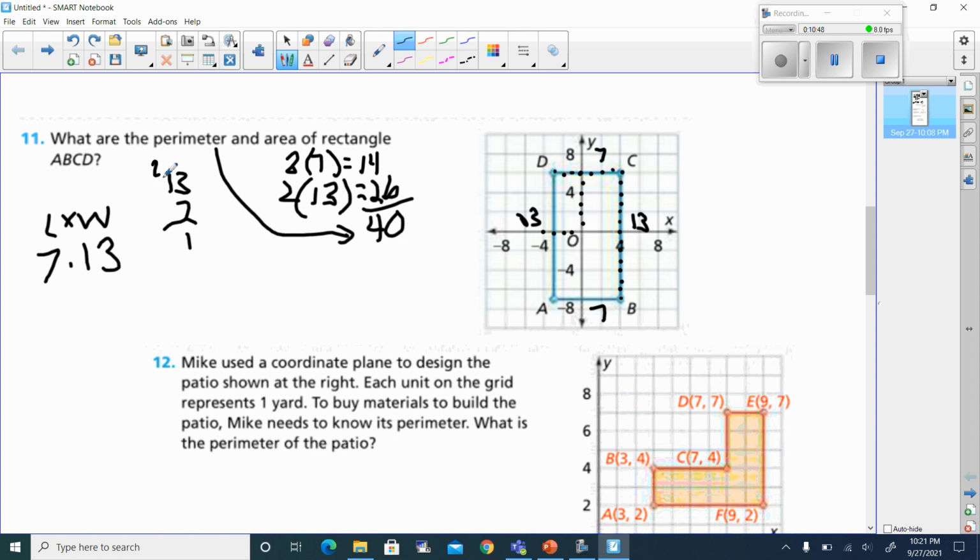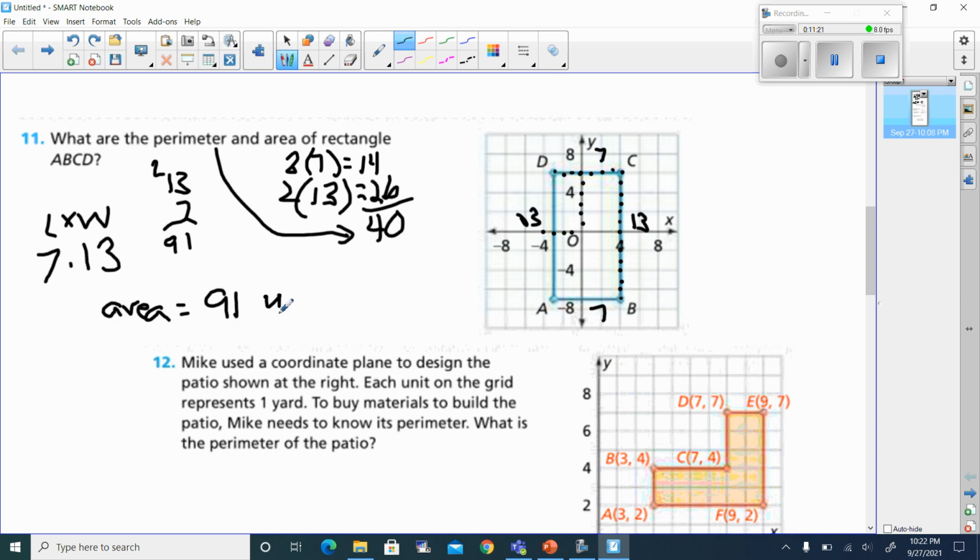Here are the 2. 7 times 1 is 7, plus 2 is 9, so that's 91. That means our area is going to be equal to 91, well, they said units because we don't know what that is.